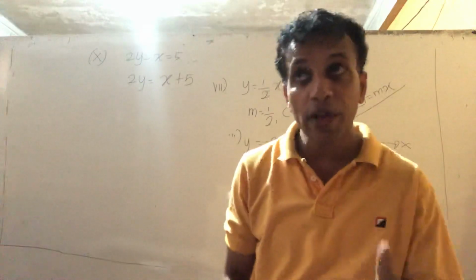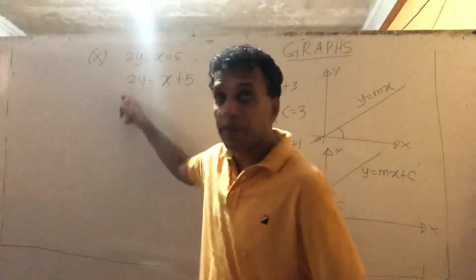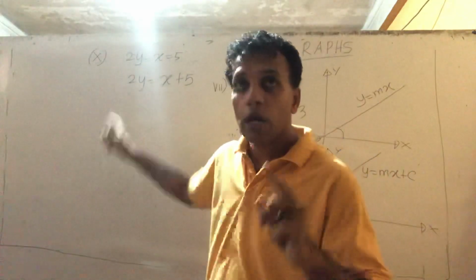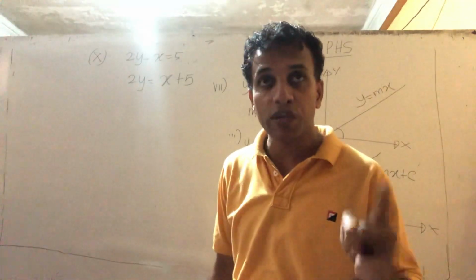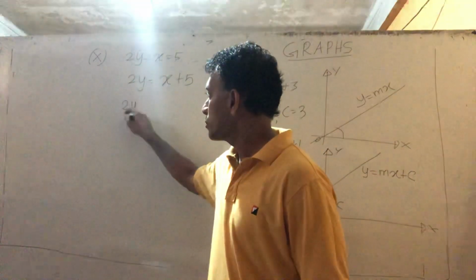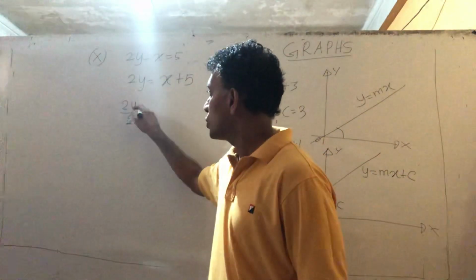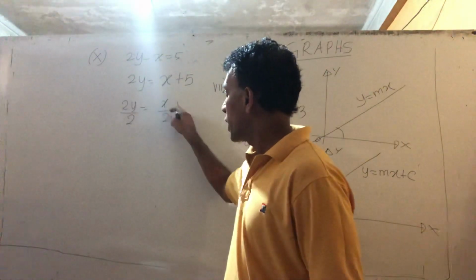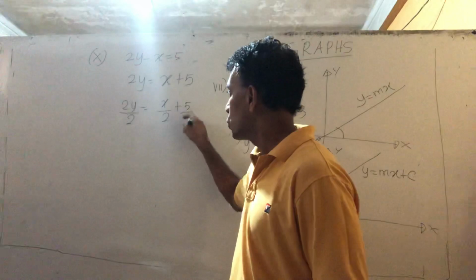I always need 1y. Therefore, like the previous problem, remove the 2. What is the idea of removing this 2? It is multiplication by 2. If you divide by 2, it cancels. So everywhere divide by 2: 2y divided by 2, x divided by 2, plus 5 divided by 2.